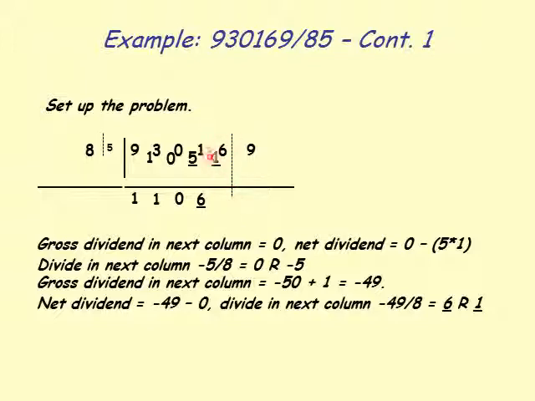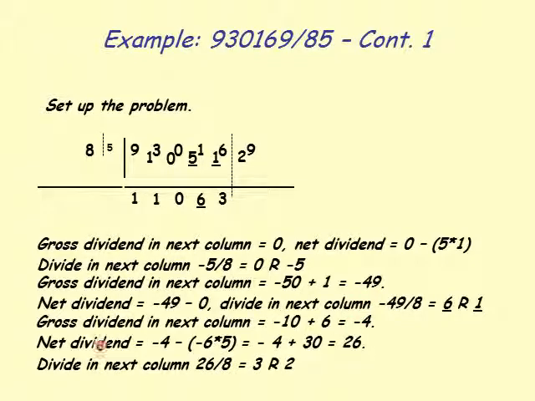So in this column we have a gross dividend of negative 10 plus 6, which is minus 4. That's my gross dividend here.